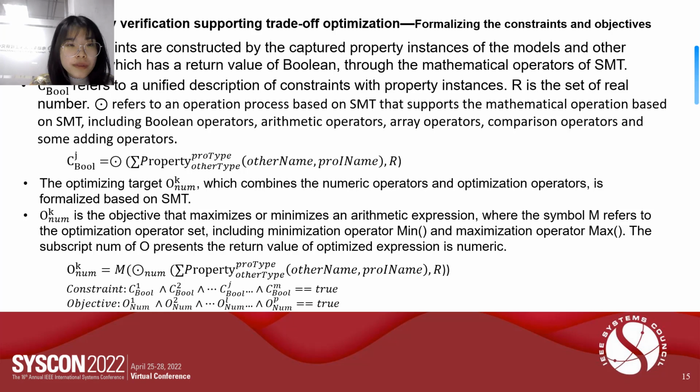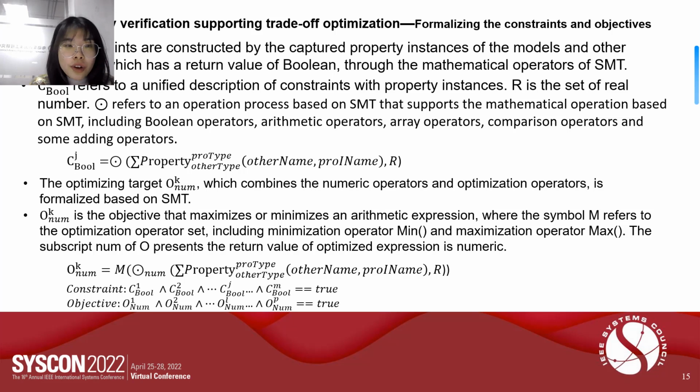When the property verification bases are constructed, the constraints can be constructed by the captured property instances of the models and other elements which have a return value of Boolean through the mathematical operators of SMT. And C refers to the unified description of constraints with property instances.